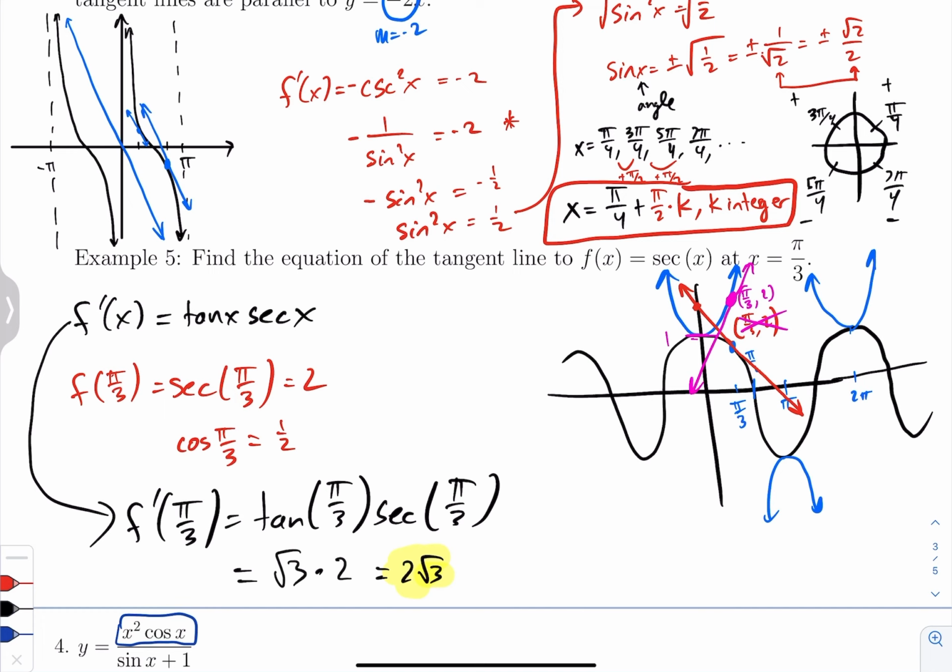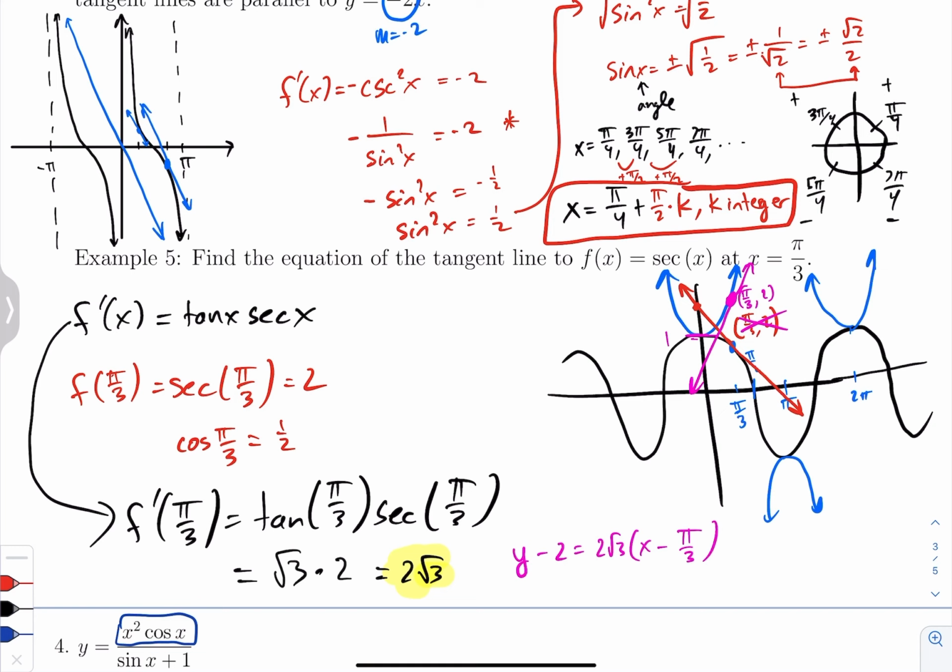So we have our pass-through point, pi over 3, comma 2. And we have our slope, which is 2 root 3. So put it all together, and I'll write it in pink. Y minus y sub 1 is equal to m, 2 root 3, times x minus pi over 3.